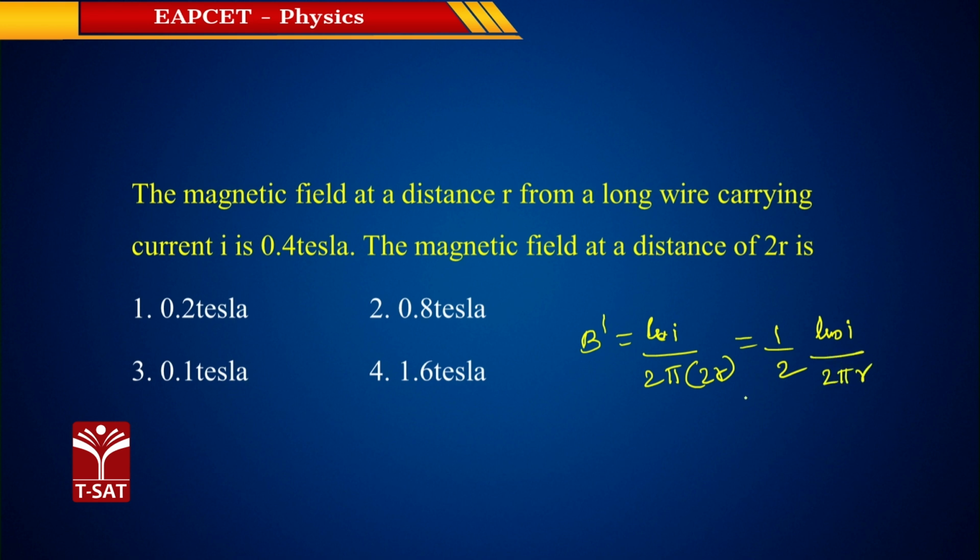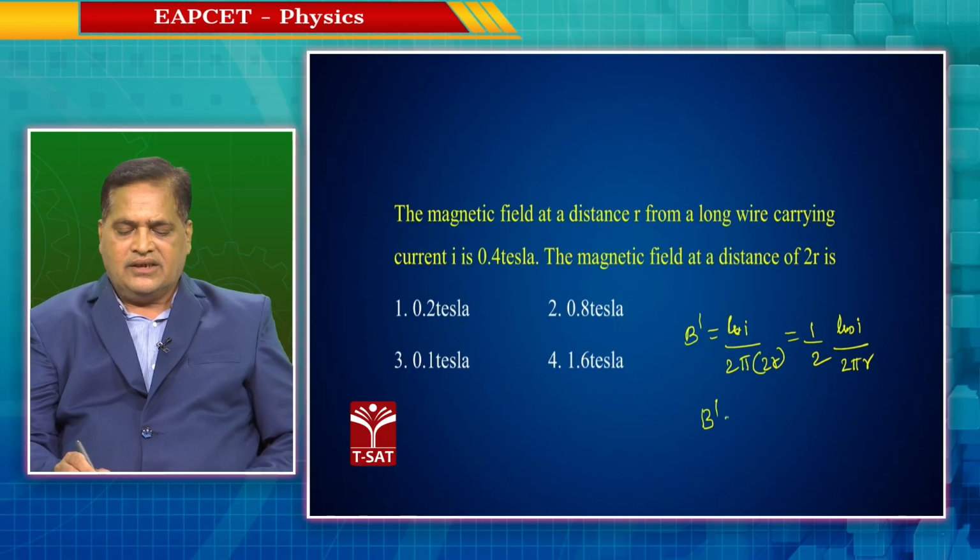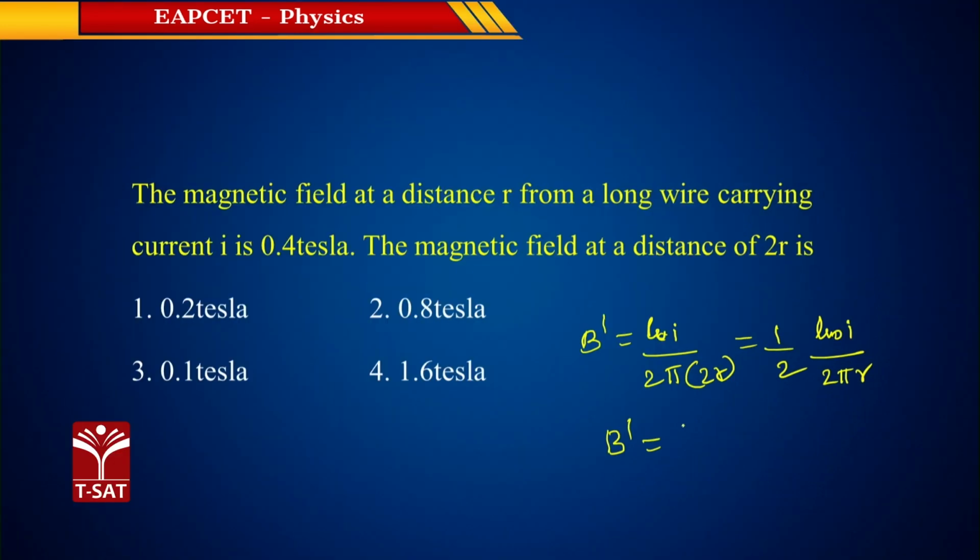Okay. Therefore, B dash new magnetic field, what is that? 1 by 2 into, here given the value, what is that? Here mu 0 I by 2 pi R is there na?